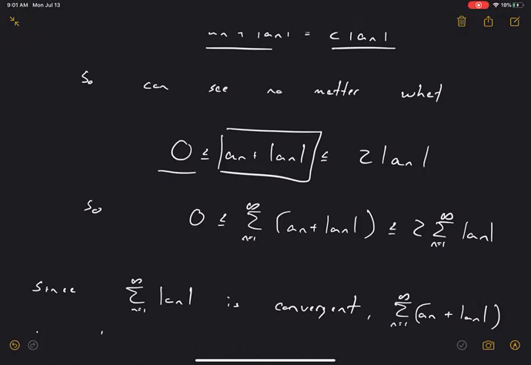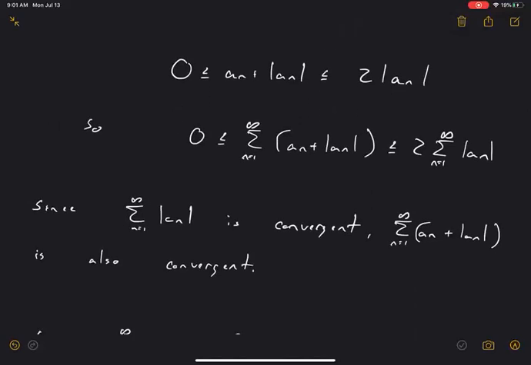On the other hand, it's always going to be less than or equal to 2 times the absolute value. And if it helps, try this on your own. Pick any number you like, positive, negative, whatever: -7, positive 13, 100,000. Pick a bunch of values and try this out, and you'll see that this inequality always holds.